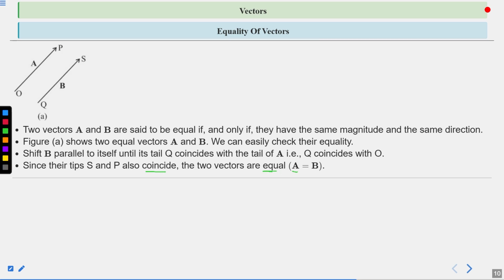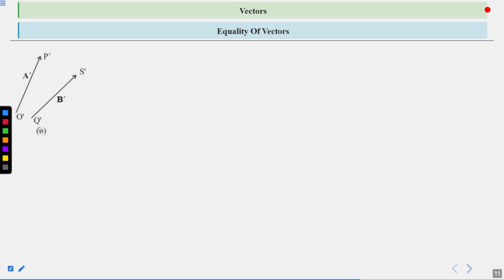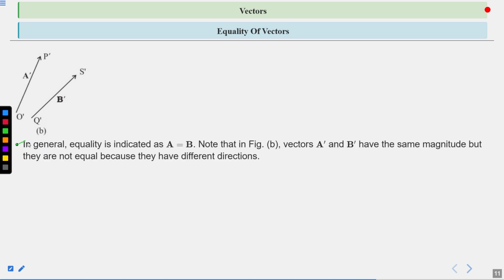So we can say A vector equals B vector. Look at here. In general, equality is indicated as A vector is equal to B vector.